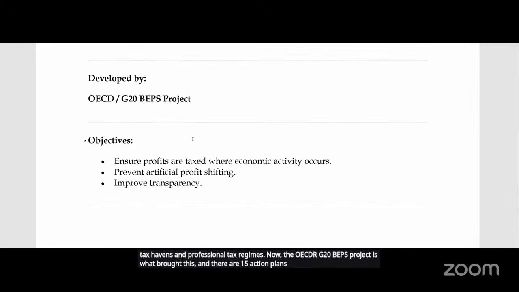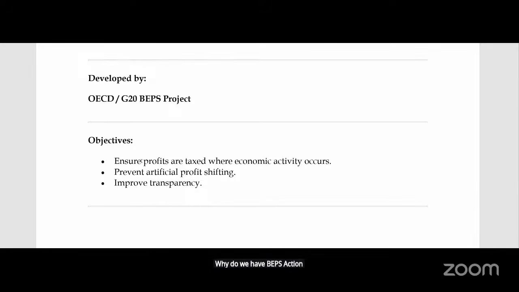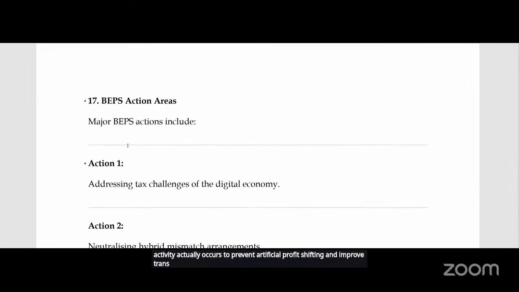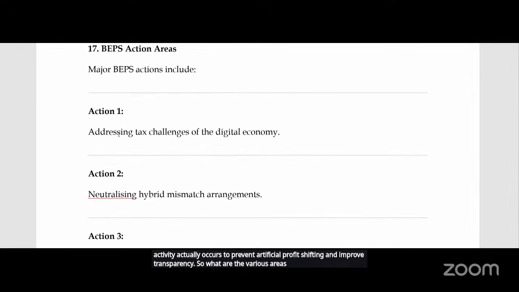Why do we have the BEPS action plans? To ensure profits are taxed where economic activity actually occurs, to prevent artificial profit shifting and improve transparency. So what are the various areas we had? Action one talks about addressing the tax challenges of the digital economy, and that's where your examiner really focuses.